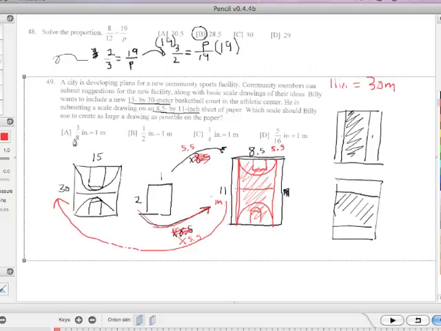Oh, well, I disagree with these answers. It should be 11/30ths of an inch is equal to 1 meter. And it's not here.